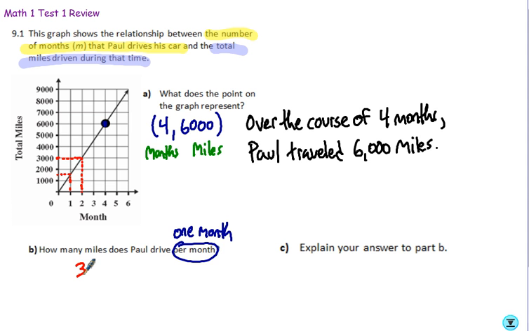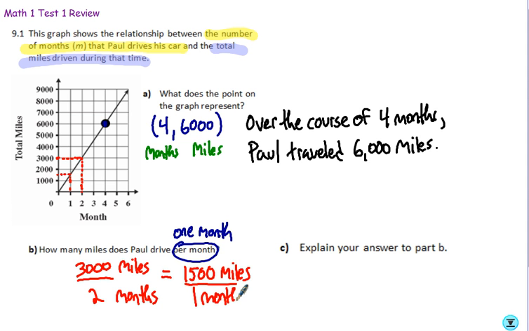Well, if he does 3,000 miles in 2 months, if we divided that, that must mean that he goes 1,500 miles in 1 month. Right, so that ends up being equivalent there. Ends up being the same thing. So how many miles does he drive in 1 month? Well, he drives 1,500 miles.